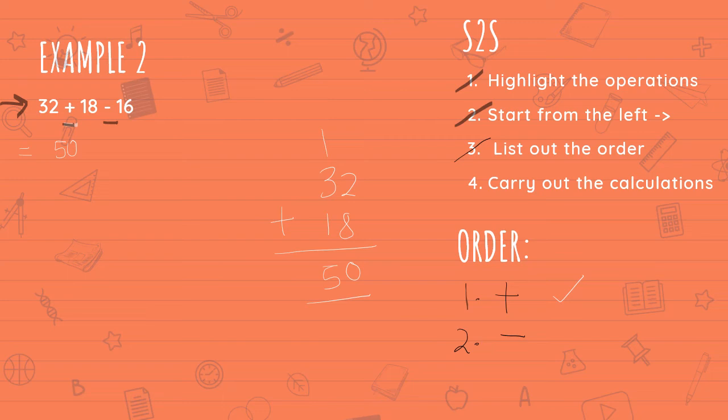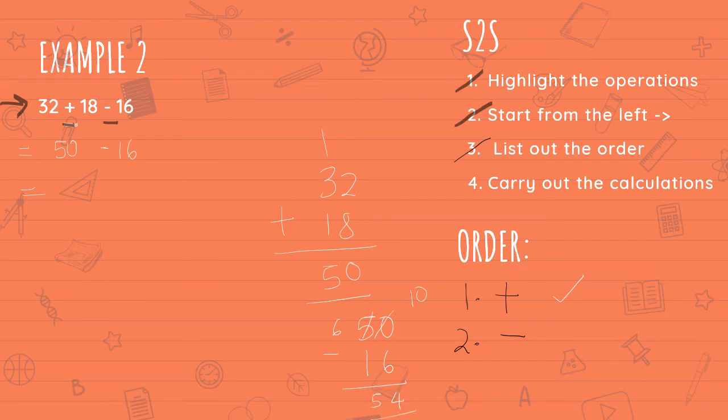Next is subtraction. So bring these two down. Bring the minus and bring the 16 down. So we have 50 minus 16. So that becomes 10 and here becomes 6. 10 minus 6 is 4. 6 minus 1 is 5.